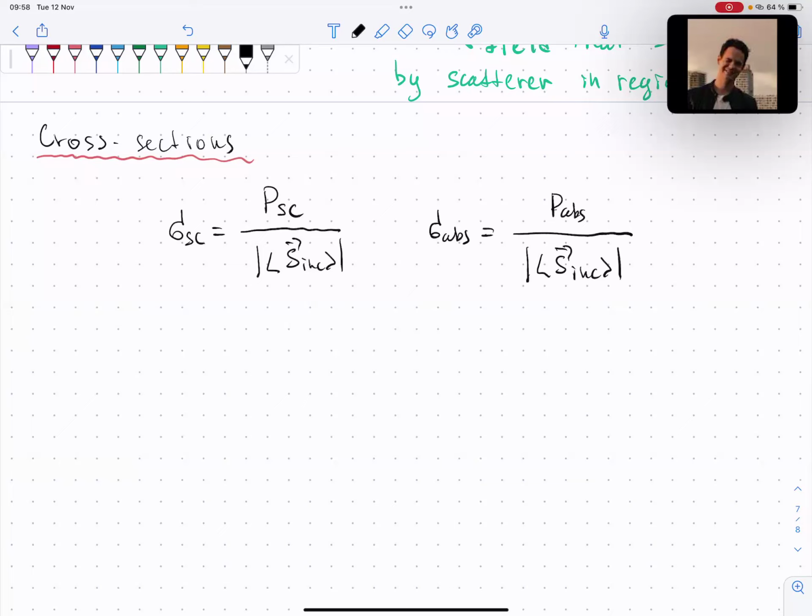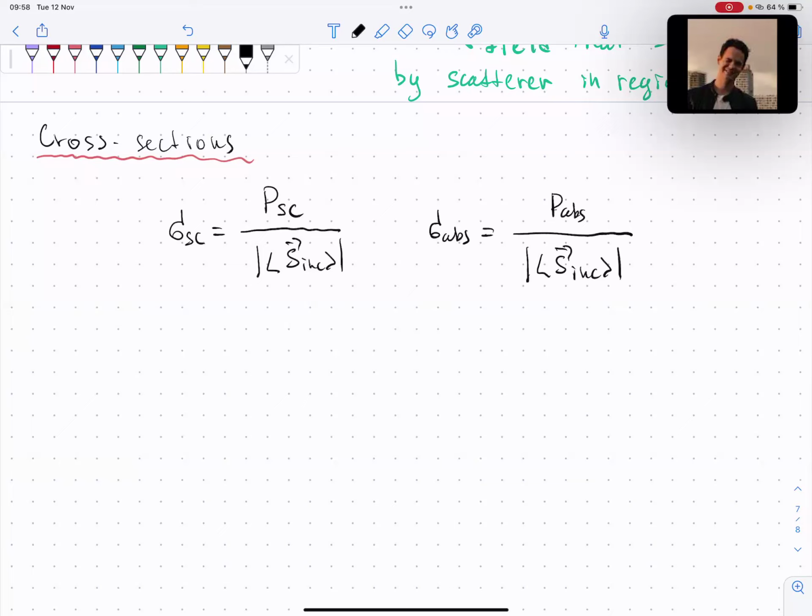And basically, the bigger the scattering cross section, it means that our scatterer is scattering a lot of energy, so the scattered field has very high intensity. The bigger the absorption cross section, the bigger the amount of energy that was absorbed inside the particle.